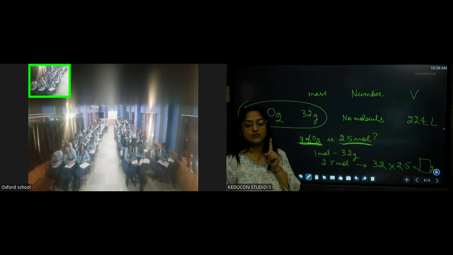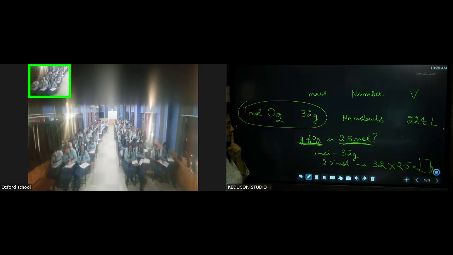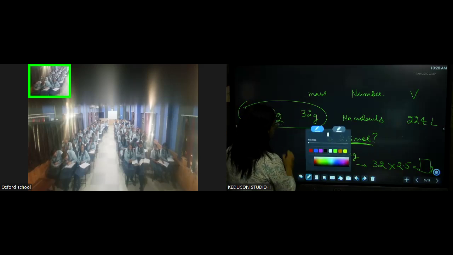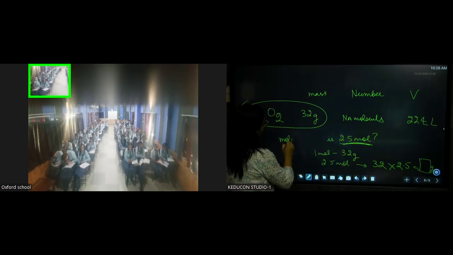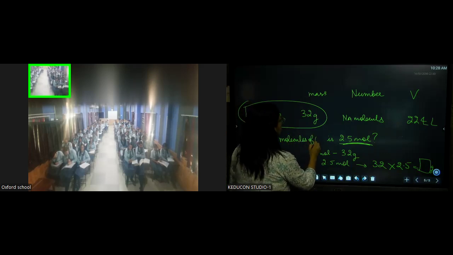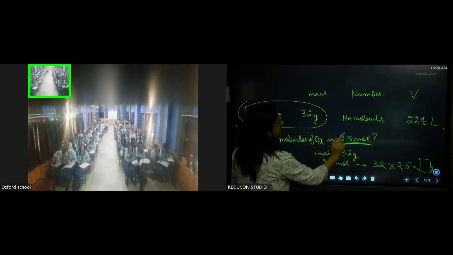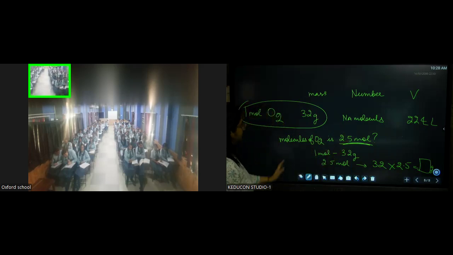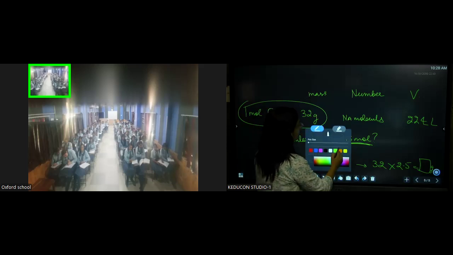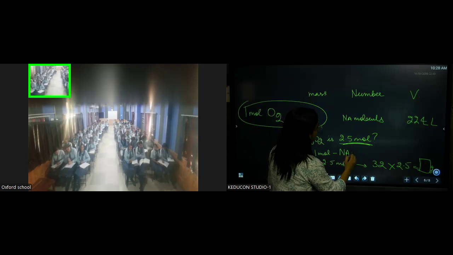This is just one way. They may ask how many molecules of oxygen are present in 2.5 mole. Then you should know that 1 mole of oxygen contains how much? Avogadro number of molecules.